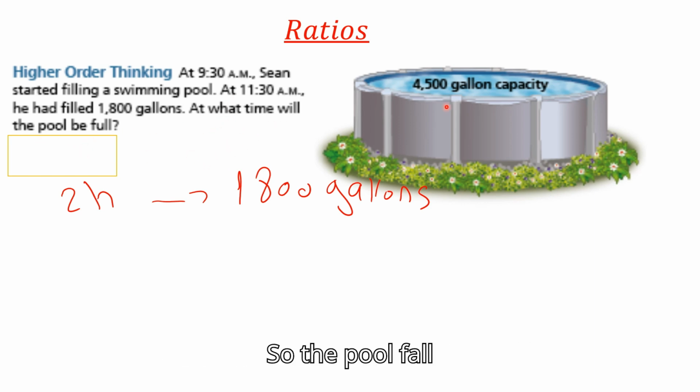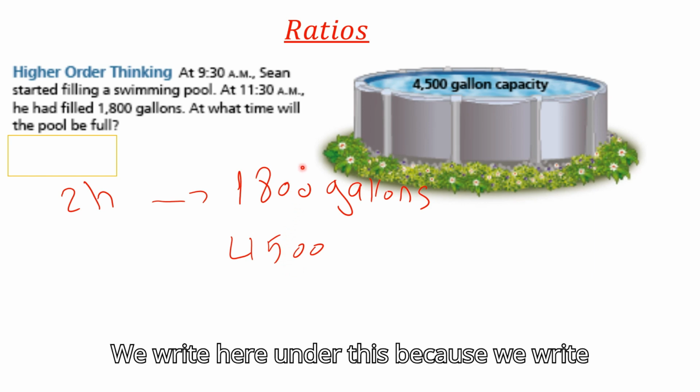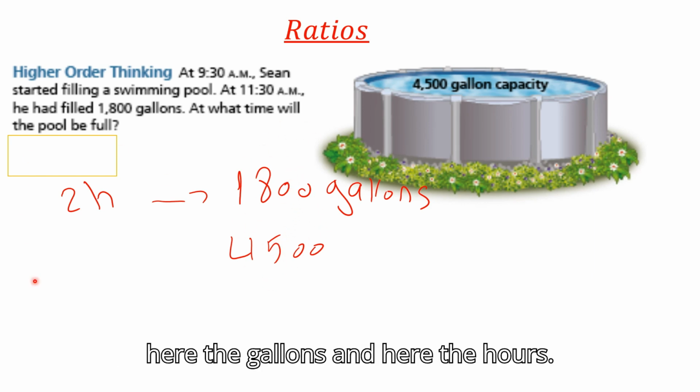The pool's total capacity is 4,500 gallons. We write 4,500 gallons here, under this, because here we write the gallons and here the hours.